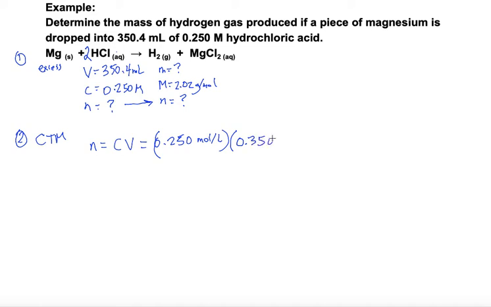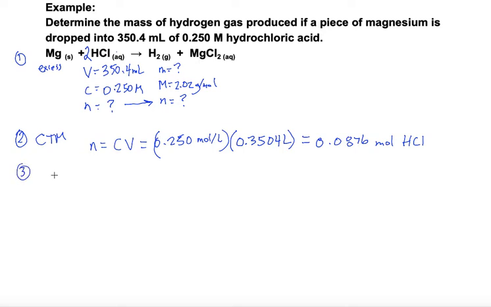So that's 0.3504 liters. And when we calculate the number of moles there, we end up getting 0.0876 moles, right? So that's our moles. I'm just going to write in HCl so that I recognize what that's for.